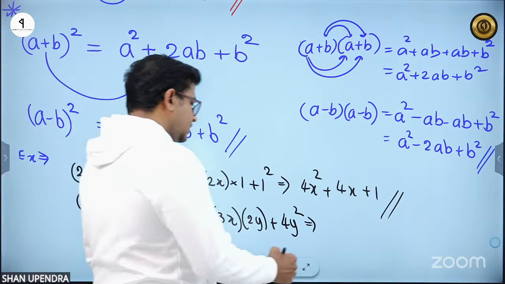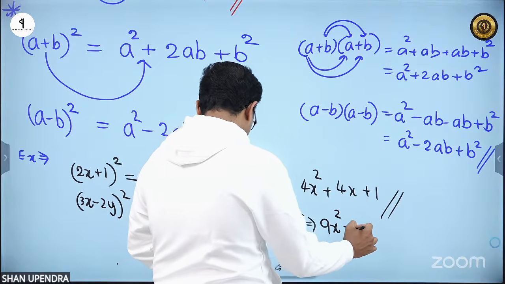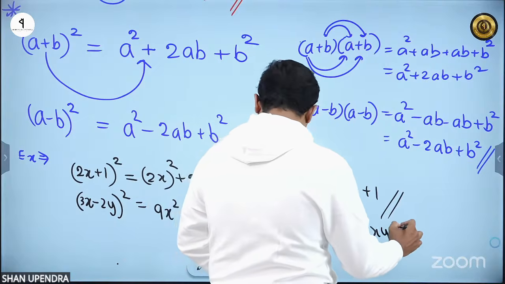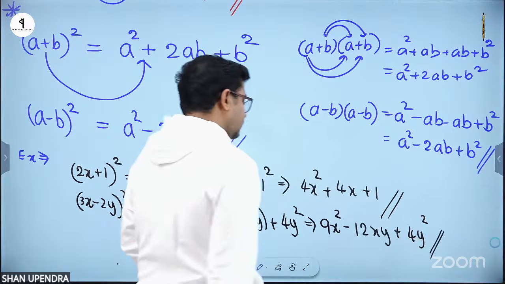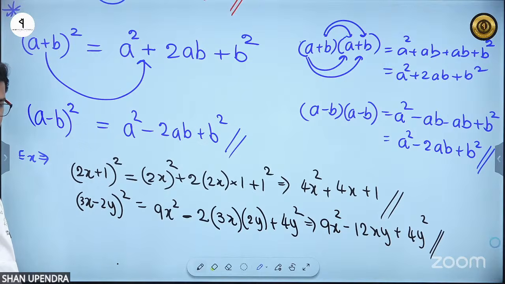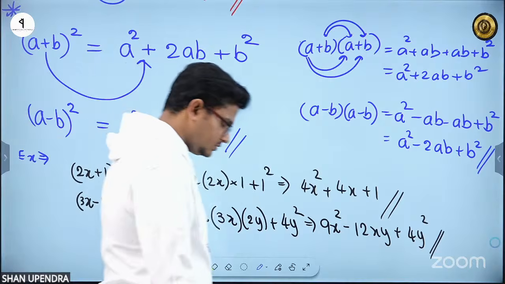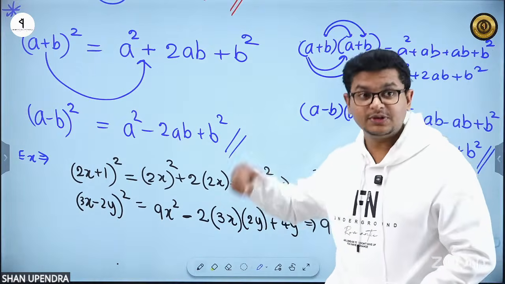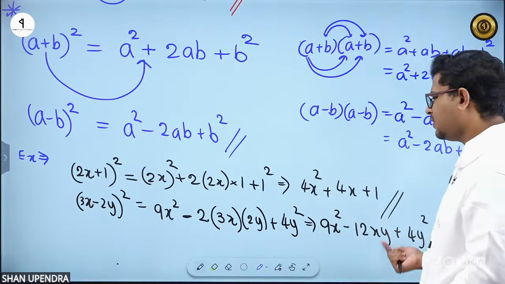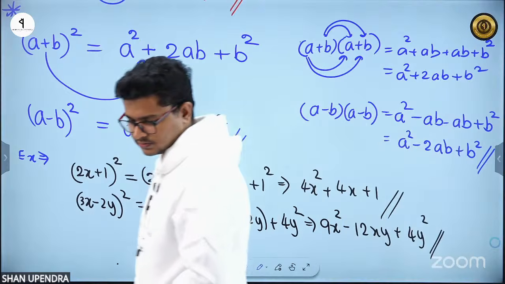Here you can finalize: 9x squared minus 12xy plus 4y squared. (3x minus 2y) total squared equals 9x squared minus 2 times 3x times 2y plus 4y squared. Then you can simplify: 3 into 2 is 6, 6 into 2 is 12. So minus 12xy plus 4y squared. Yes, good.